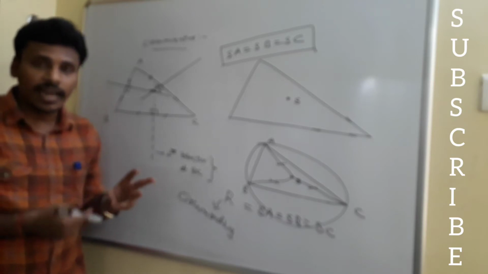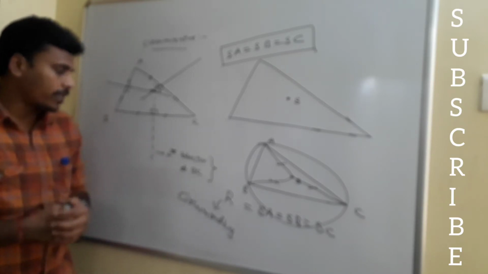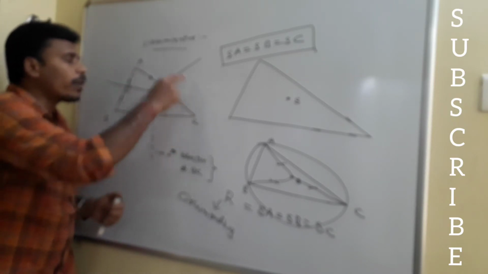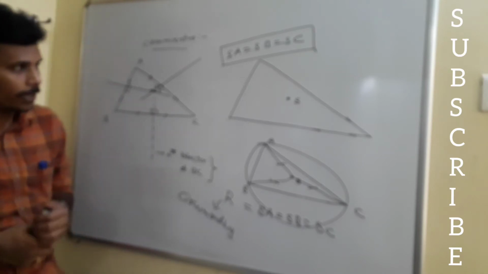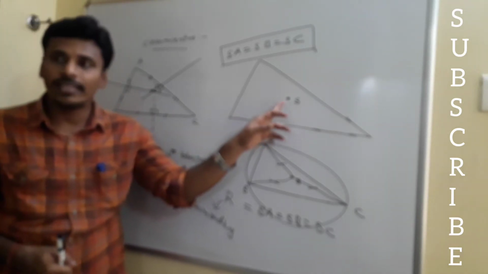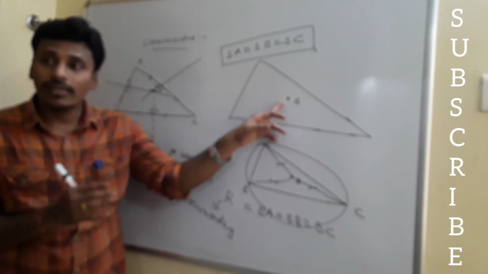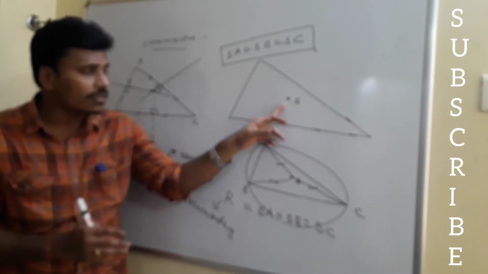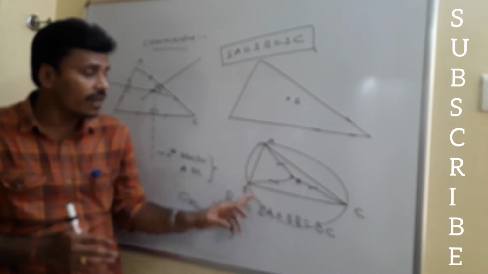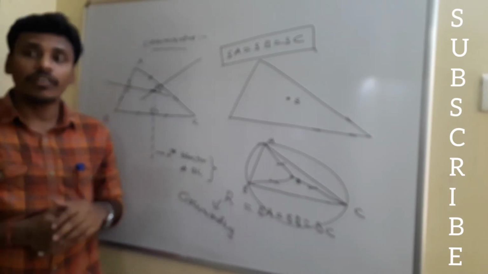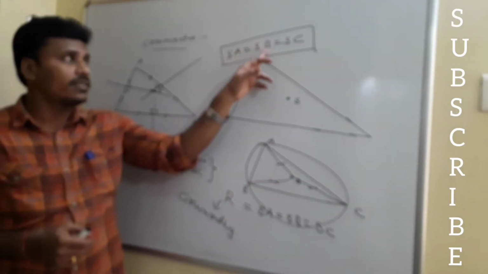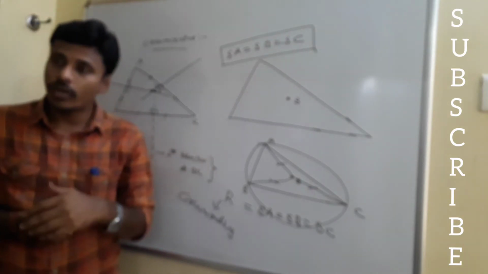Since there are three sides, there exist three perpendicular bisectors, and they meet at a point. That point of concurrency is the circumcenter, and it is equidistant from the three vertices of the triangle, such that SA equals SB equals SC.